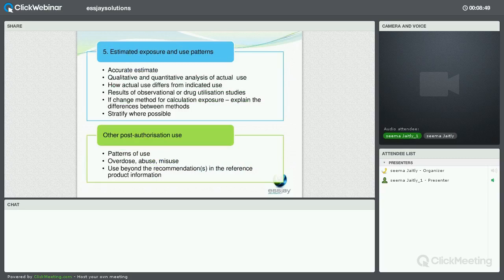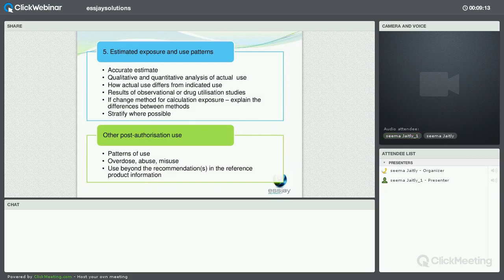Now, whilst you always needed a fairly accurate estimate, I think now you need to really go down into a lot more detail. You need to really look at how your actual use differs from your indicated use, and you also need to look at how you're calculating that exposure. And if you change that method for calculation, you need to state that.